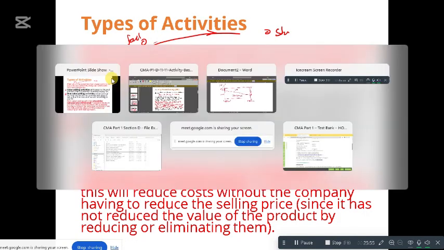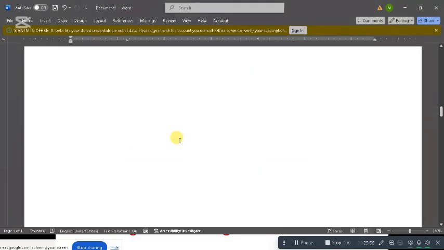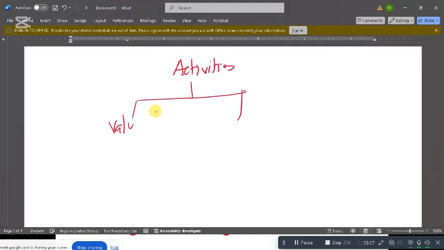If I do a further analysis on this, activities: value adding and non-value adding.